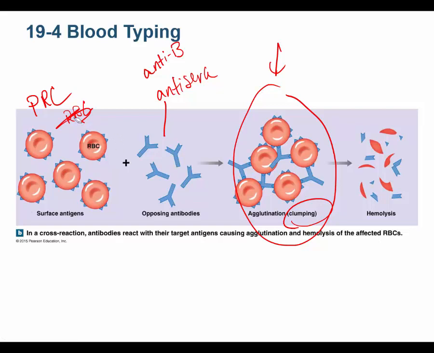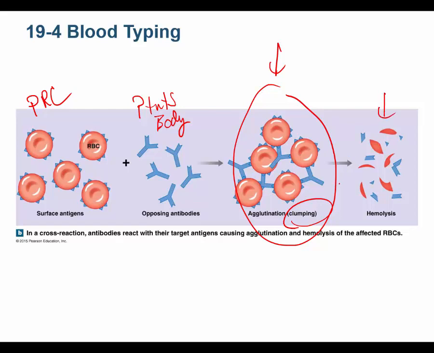If I were to give them to a patient that had the antibodies against the unit of blood, so this is no longer antisera bought from the store. This is the patient's body. If I were to give the packed red cells to a patient that had antibodies against them, the antibodies would bind and lyse the cells. This is called hemolysis.